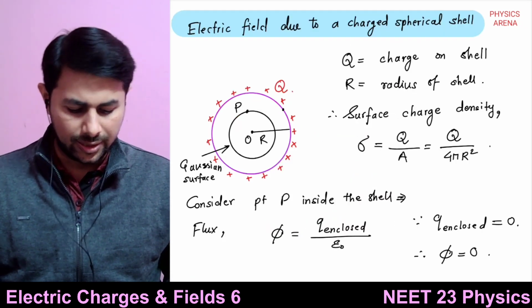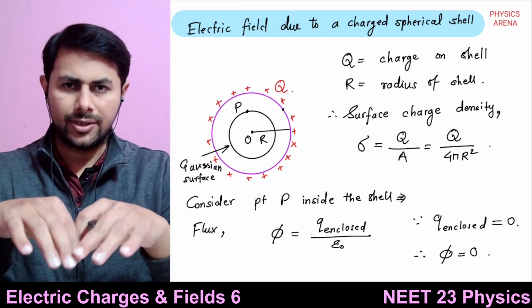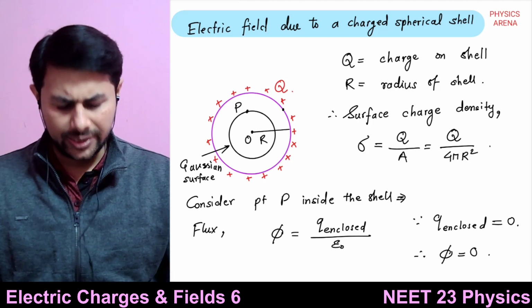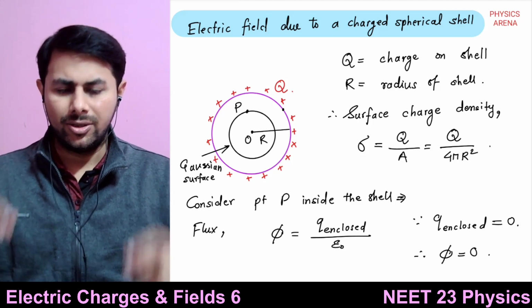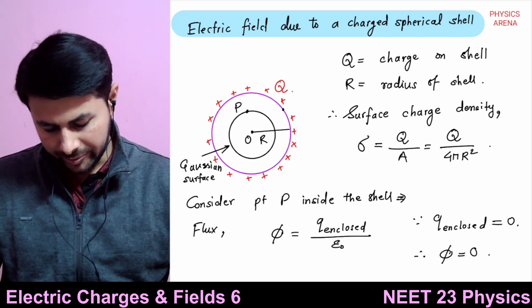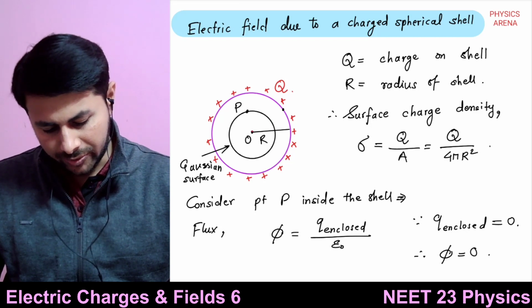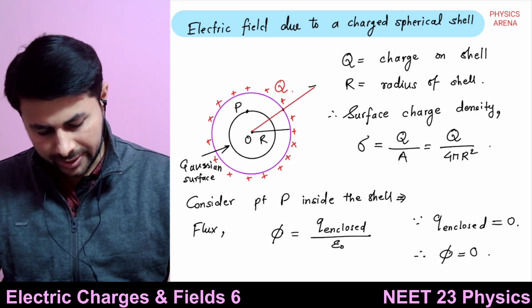So now what will be the direction of electric field due to this spherical shell? Once again, we can argue in terms of the components of electric field due to all small sections, and we'll find out that electric field will be directed radially outwards. So this will be the direction of electric field.